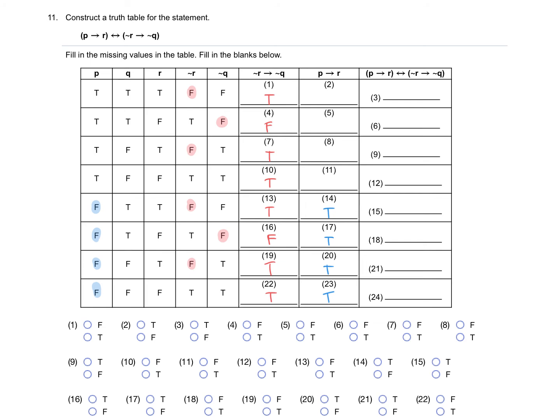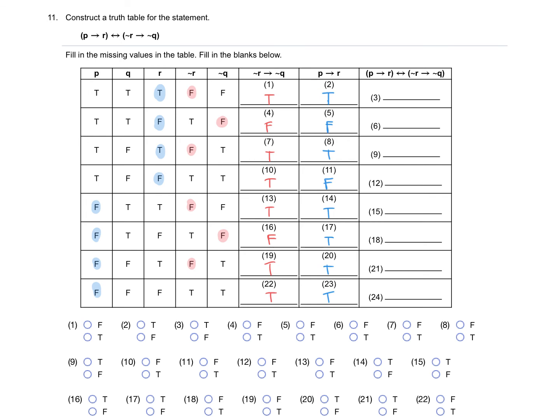Now we want to look to see if the first thing is true, is the second thing true or false? So let's do that. We have P implies R, so make sure you're looking at the R column. So this is true, false, true, false. Okay, so since it's true, true, this is true. True, false, that would be false. True, true is true, and true, false is false.